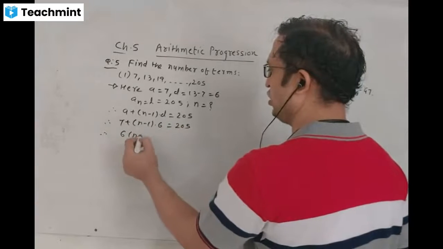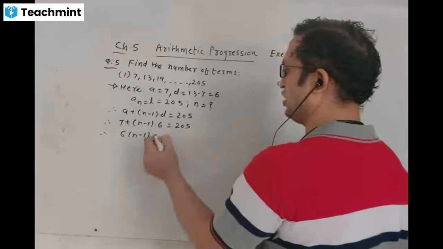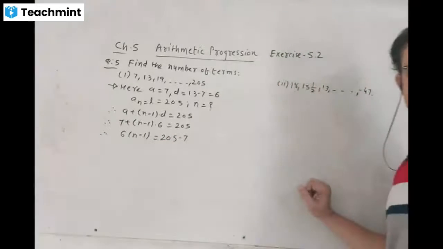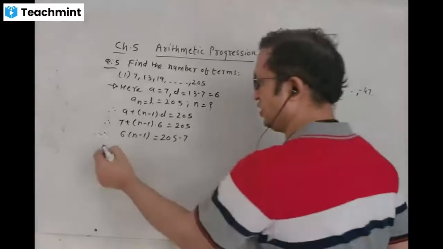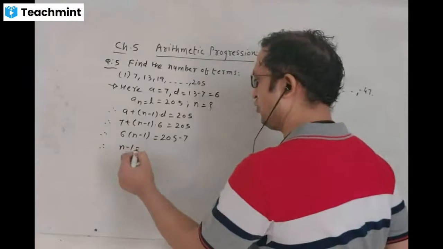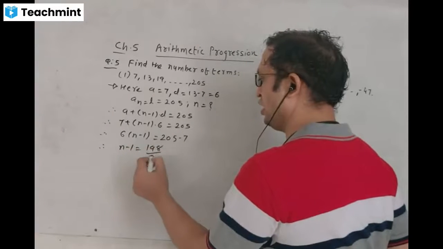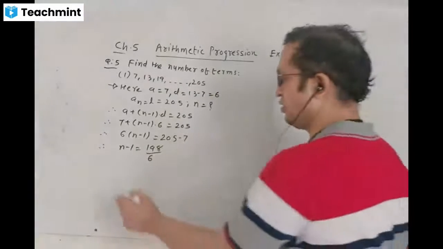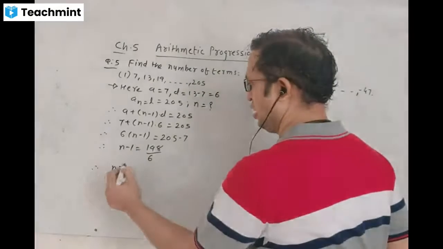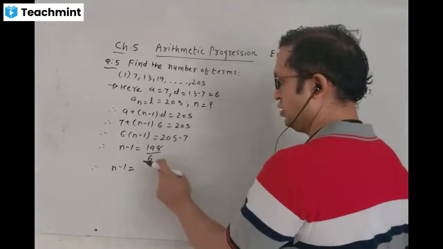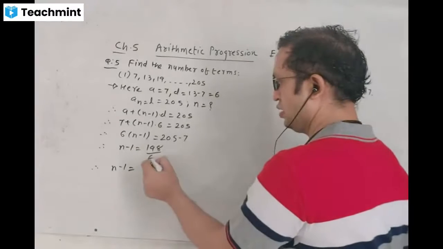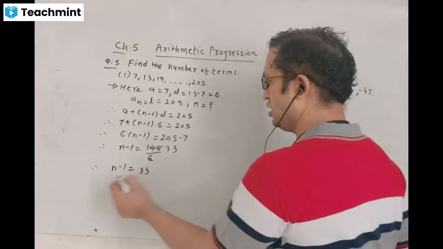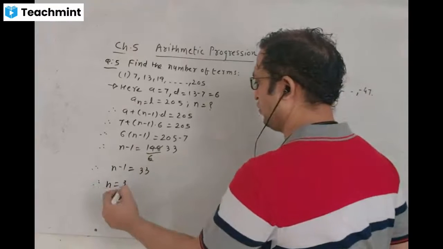Therefore 6 into N minus 1, 7 transposing right side, 205 minus 7, that is equal to 198. Therefore N minus 1 is equal to 198 by 6, that is 33. Therefore N is equal to 34.